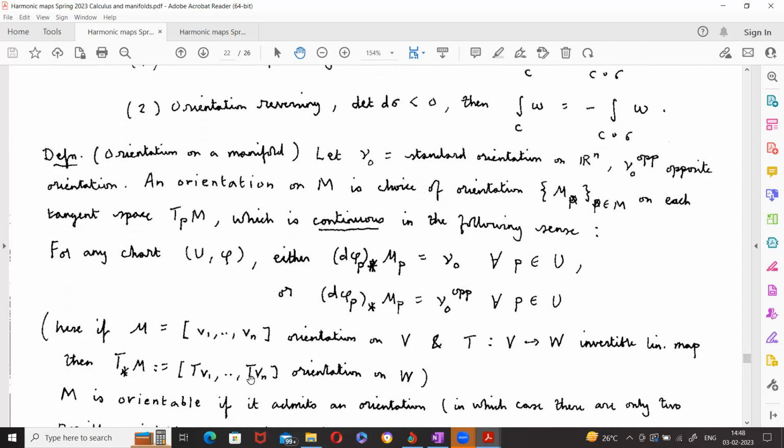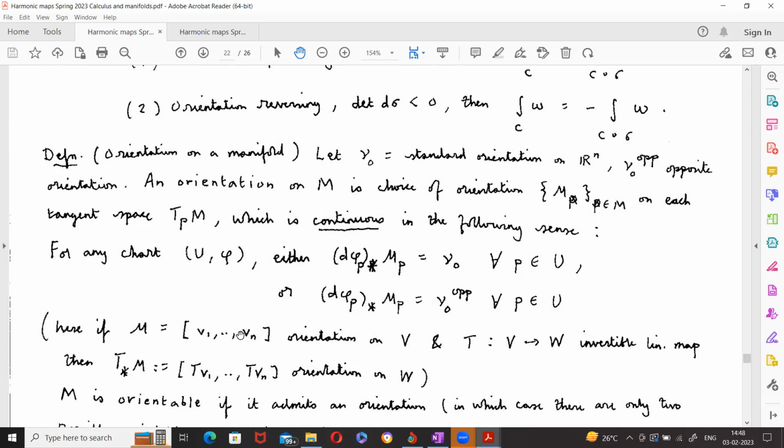So just take any basis in your equivalence class, look at its image under T, that will be an ordered basis in the image vector space, and take its equivalence class. That is the push forward orientation. It's easy to see this is well defined, independent of the choice of representative of the equivalence class.